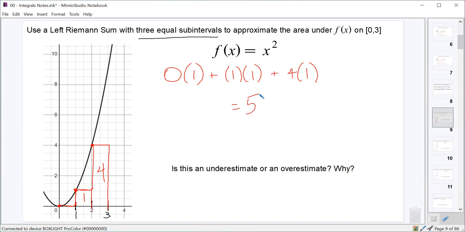And just by looking at it, we can see it's clearly an underestimate, but we know it's an underestimate anyway, because a left rectangular approximation will underestimate a curve, or the area under a curve, when the function is increasing.